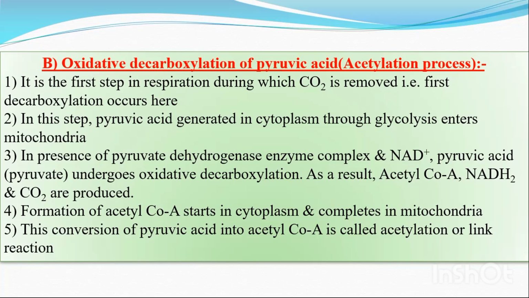During this process, NADH2 will be produced. Obviously, that hydrogen will be accepted by NAD and converted to NADH2, and CO2 will be produced. This formation of acetyl moiety takes place at the outer membrane of the mitochondria, that is in the cytoplasm, and then it will come across the inner membrane and release the acetyl moiety. So it will be completed in the mitochondria.